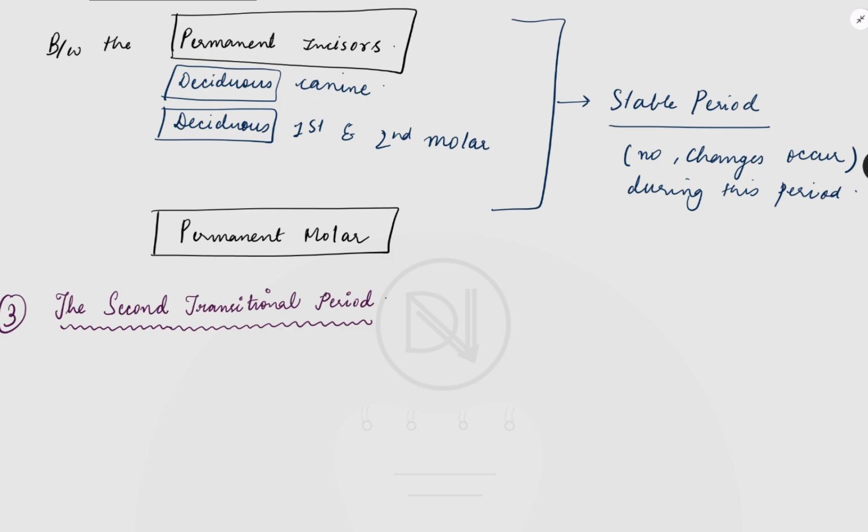Now coming next to the second transitional period. In the second transitional period, what happens? The remaining deciduous canine and the deciduous first and second molar get replaced.